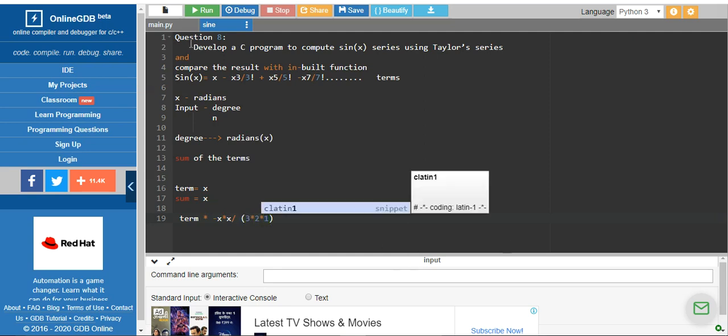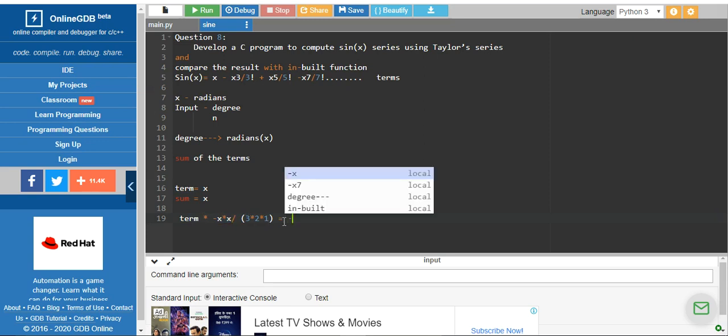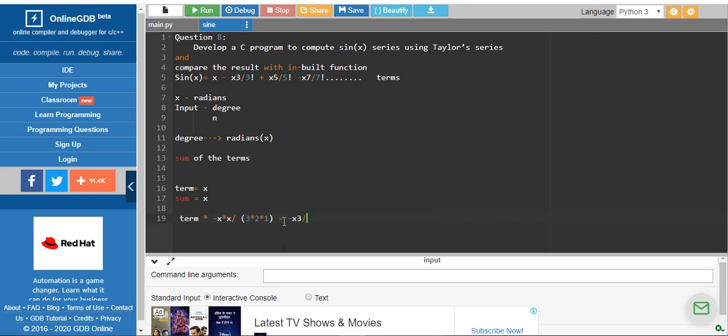So in order to get the second term, we take the previous term and multiply it by x square divided by 3 factorial, that is 3 into 2 into 1. This will give you minus x cube divided by 3 factorial.